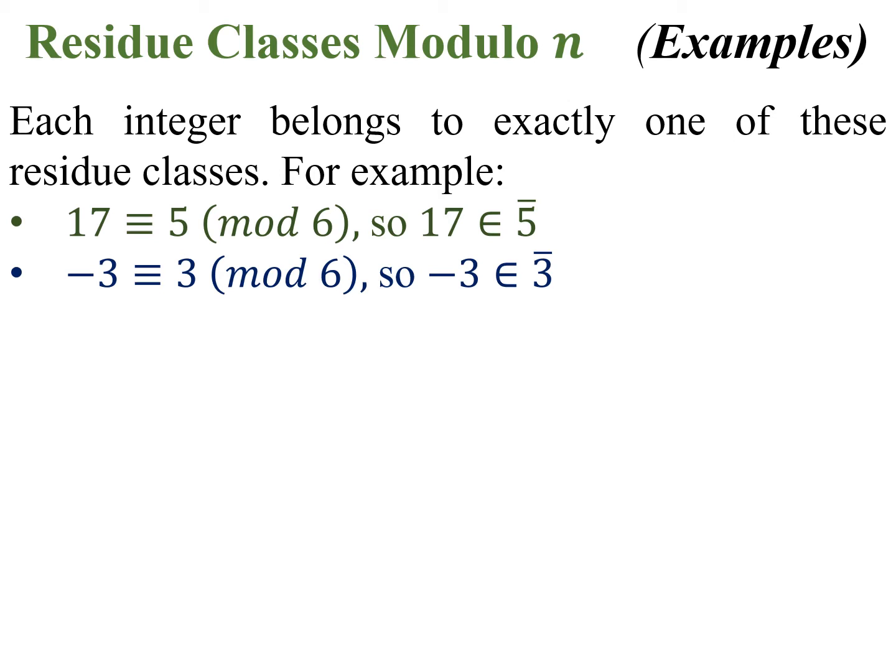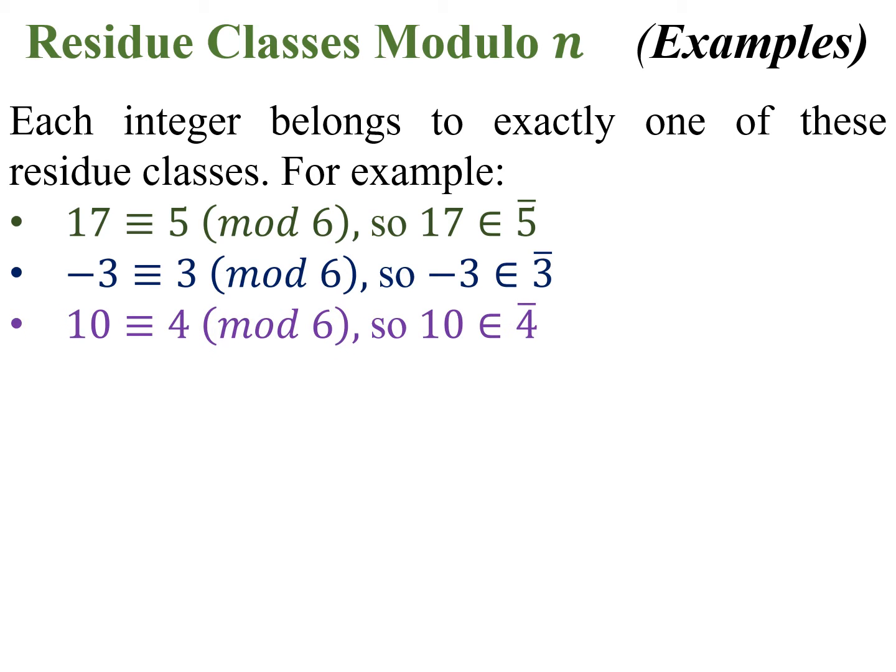Among 0, 1, 2, 3, 4 and 5, only 3 is the remainder which is congruent to minus 3 modulo 6. Hence minus 3 belongs to the residue class of 3.